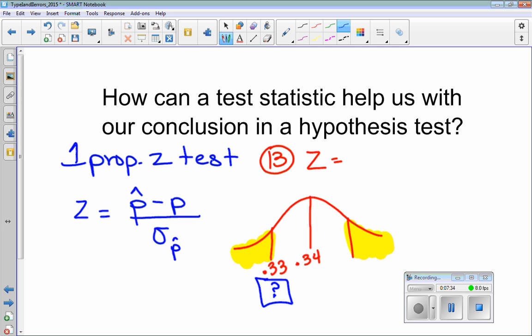Do we expect it to be negative? Why? Because it's left of the mean, left of the center. So we expected it to be negative. Let's make sure we understand the formula.